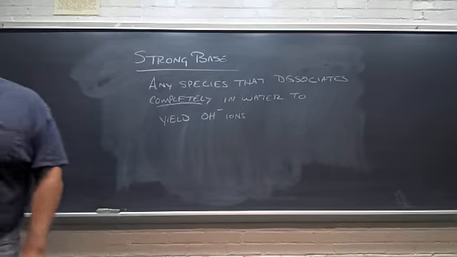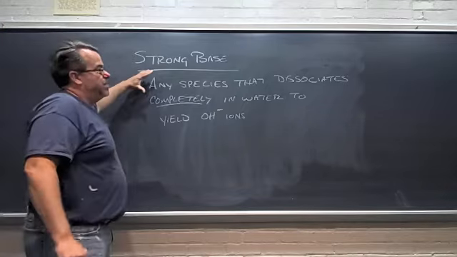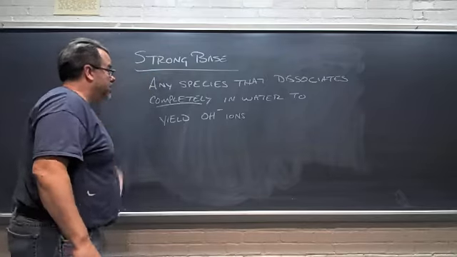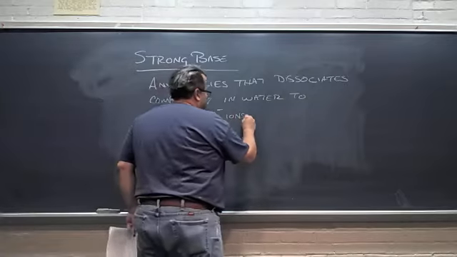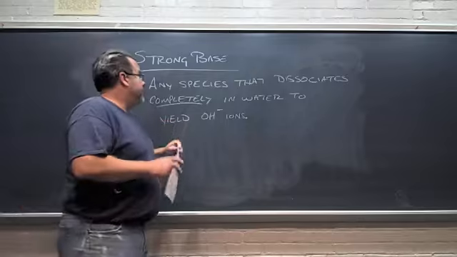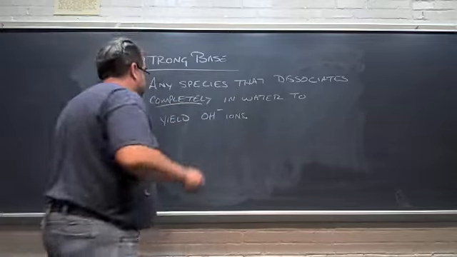So just like with strong acids, the definition of a strong base is any species that dissociates completely in water to yield OH hydroxide ions. Okay? Now one of the keys here is that in order to dissociate completely, it's got to be soluble.